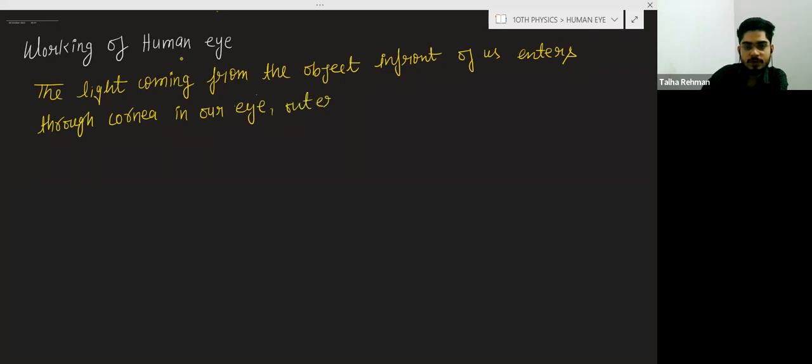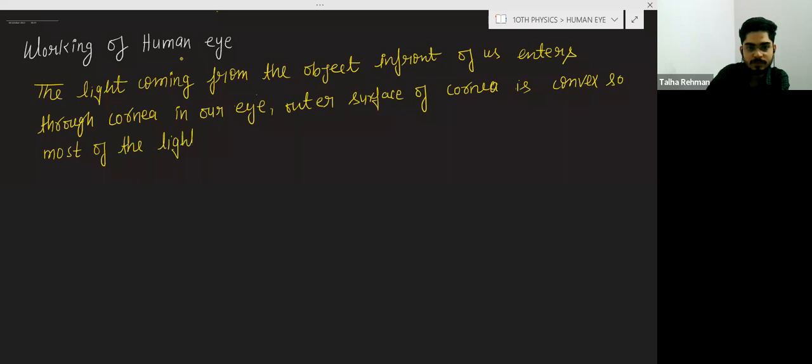You can write here: the outer surface of the cornea is convex. So most of the light converges by the cornea.